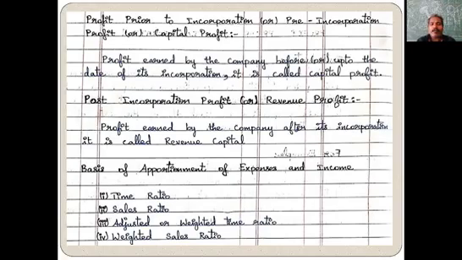If we have any adjustment regarding time as well as sales, we will use the last two, adjusted or weighted time ratio or weighted sales ratio. Otherwise, we should use only time ratio and sales ratio. Some expenses are allocated based on the pre-incorporation period, some based on the post-incorporation period.